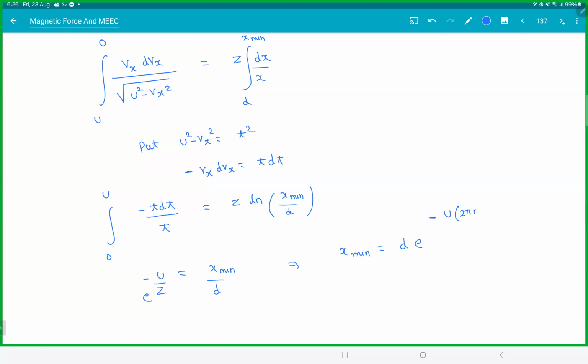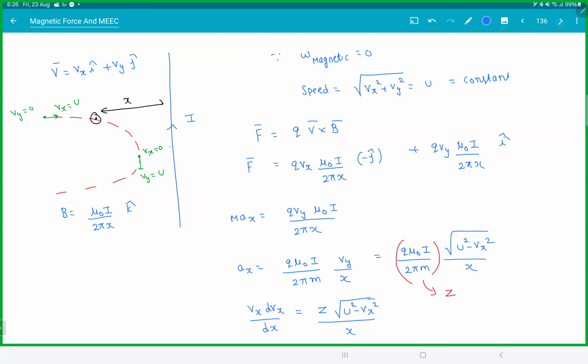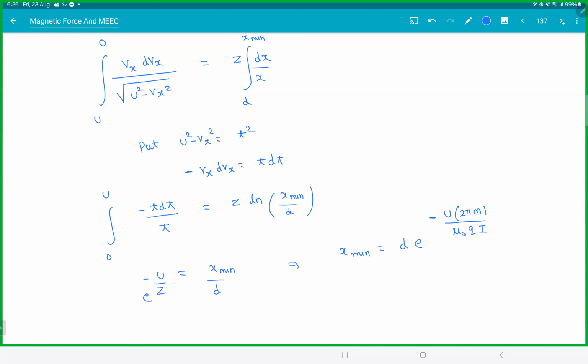So 2 pi m by mu naught q I. That's your answer. That all goes under exponential. And like we expected, if u is infinity, only then the term is becoming 0.